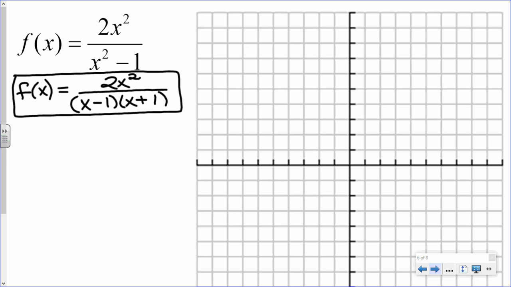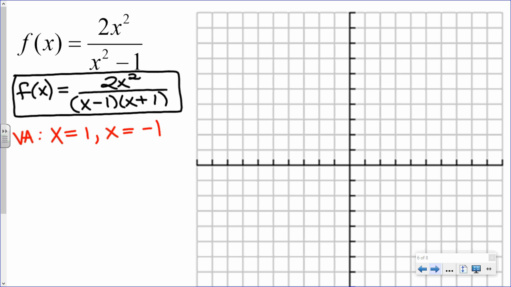All right, so vertical asymptote. Caleb, what do you think? Be anything but negative 1 and 1. Okay, so you're describing to me the domain, so we'll get to that. Since 1 and negative 1 are making our denominator 0, our vertical asymptotes would be at 1 and negative 1. Okay, good.